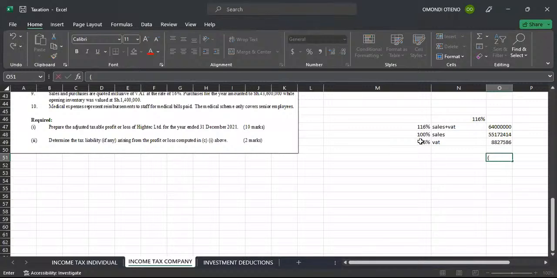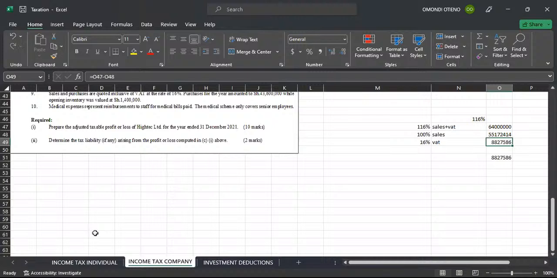We now took 16%. We divided by 116%. Close the bracket, then we multiplied by the value given up there, the 116%, which is this. If you do that, as you can see, we are arriving at the same value.